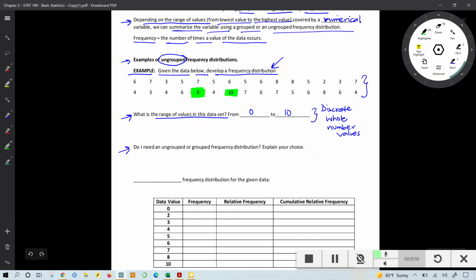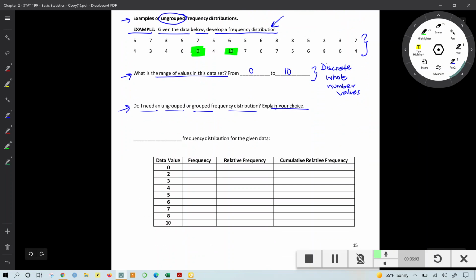So the next question I'll ask myself is, do I need an ungrouped or grouped frequency distribution? To explain my choice, one thing I will do is this. I will observe that if I were to list the different or distinct numbers in this data set, from 0 to 10, how long does that look?